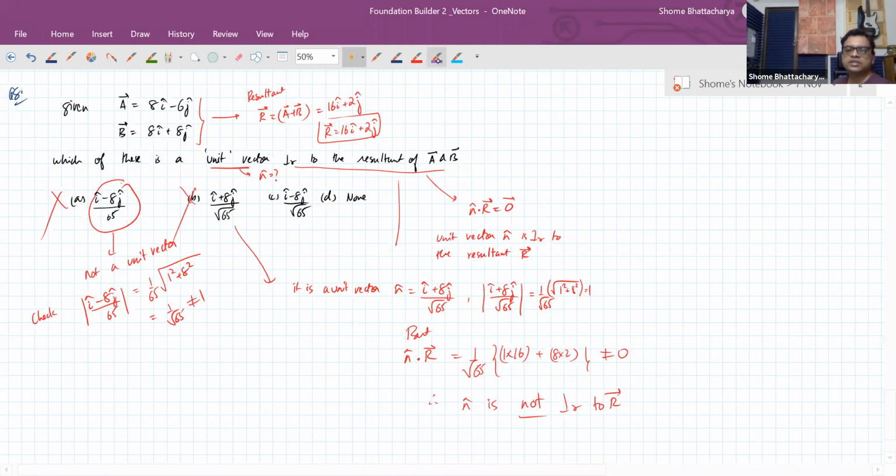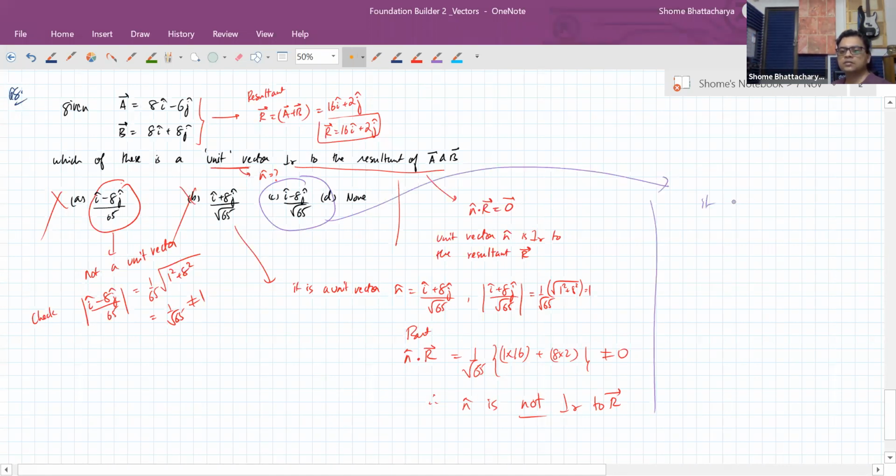But if we check the third one now, we can see that firstly, it is a unit vector. Let's say we denote it with m cap, because the magnitude of this one is equal to 1.